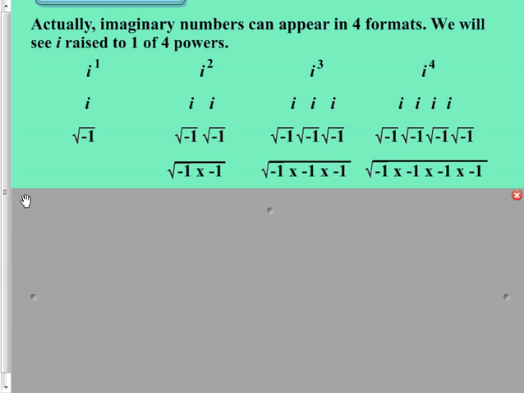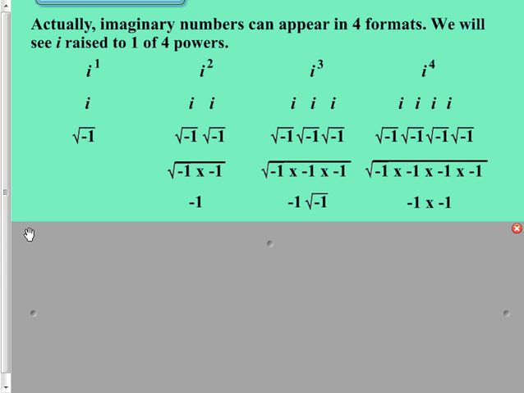On i cubed's case, we can get a pair of -1s out, but there will still be a -1 left underneath. On i to the fourth case, we can get a pair of -1s out of the radical, but then we can get another pair of -1s out of the radical. That would bring us to this information.